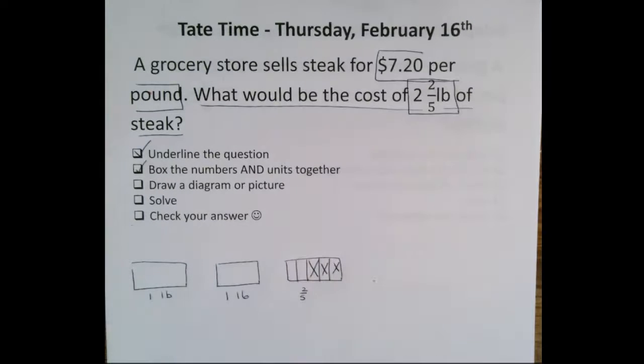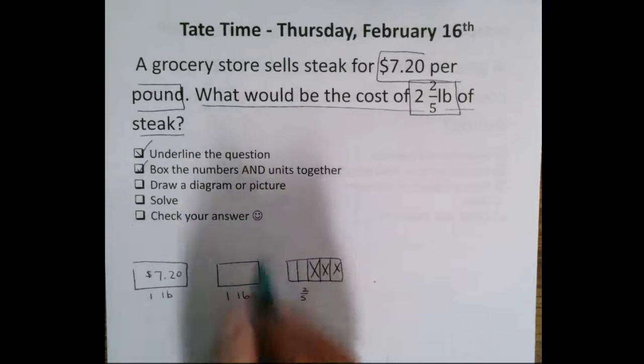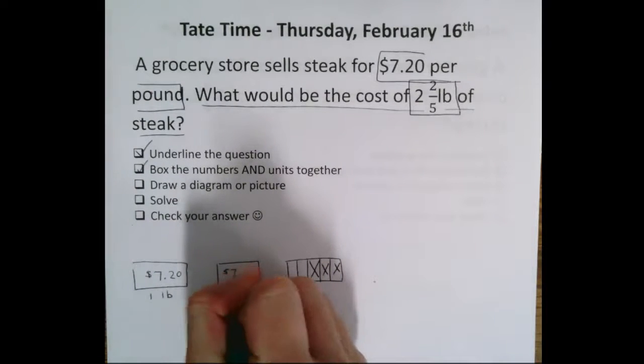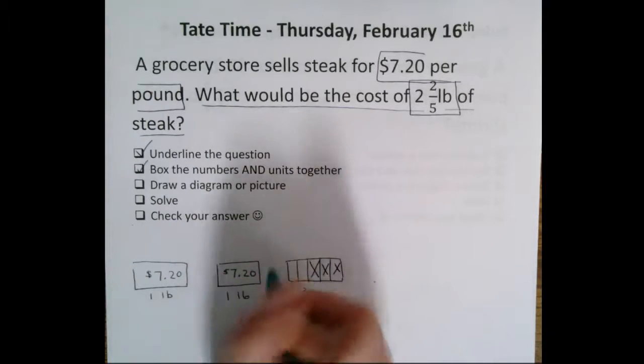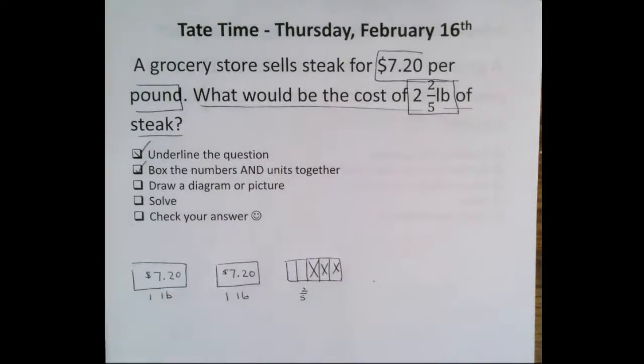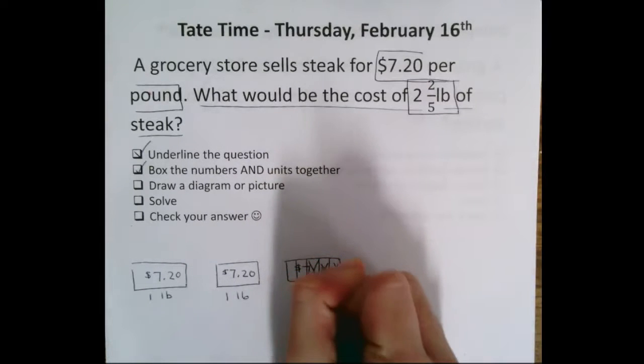That's how much of the steak that we're going to purchase. So this pound can be labeled $7.20. It's going to be $7.20 per pound, so that number is going to repeat. This would be a much easier problem if it was 3 whole pounds, because we would just have 720, 720, 720. But this part's going to be funky, because it's only 2/5 of 720.